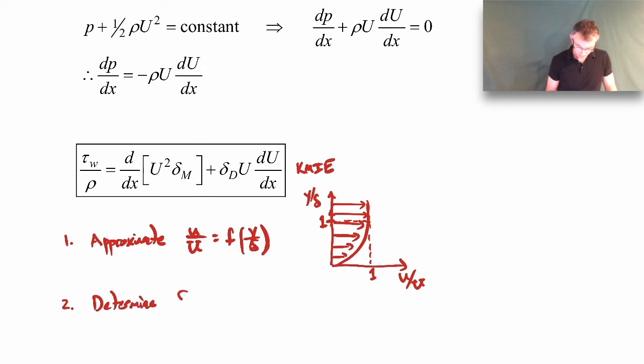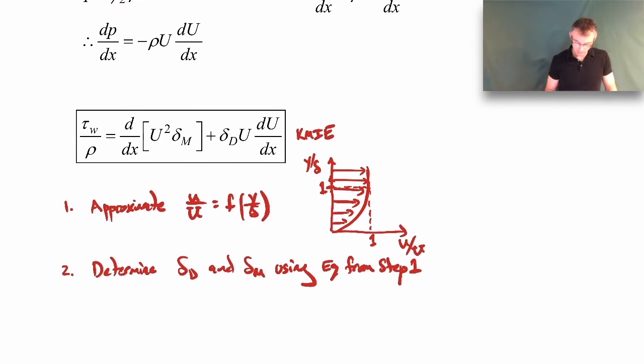So once we have that, the second step, number 2, is we can determine the displacement thickness and the momentum thickness using the equation from step 1, and then these will be functions of the 99% boundary layer thickness. So the idea is this.